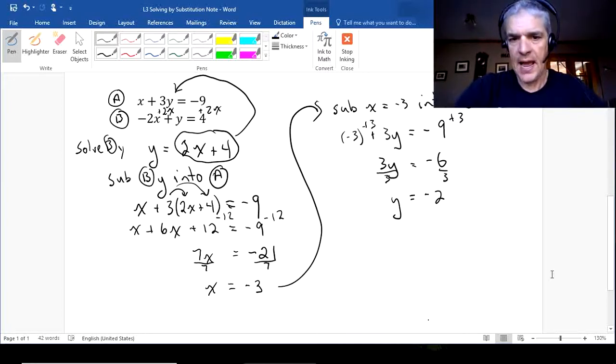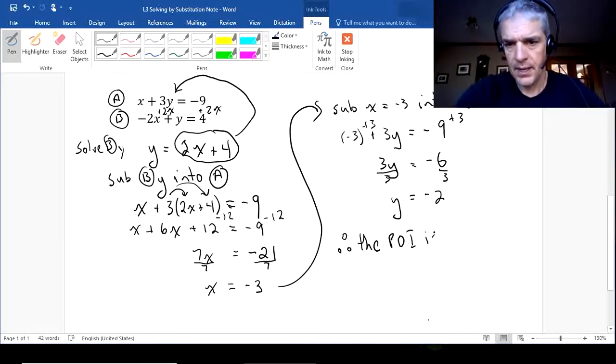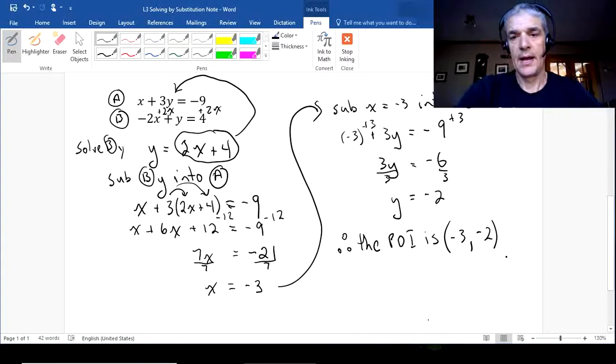And I have now solved for my point of intersection. So all I have to do is put a therefore statement. So I write therefore the POI, point of intersection, is x is minus 3, y is minus 2. And I have found my point of intersection.